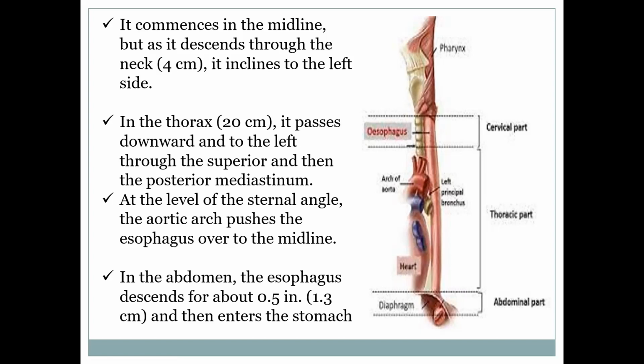So, at the level of the sternal angle, the aortic arch pushes the esophagus over to the midline again. In the abdomen, only about 0.5 inches of the esophagus descends before it joins with the cardia of the stomach.